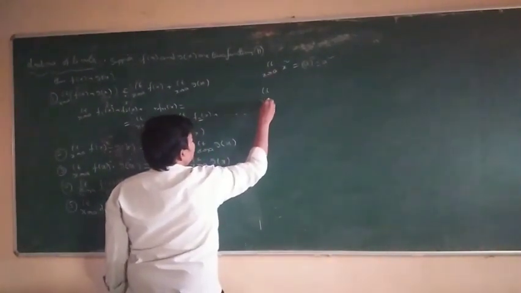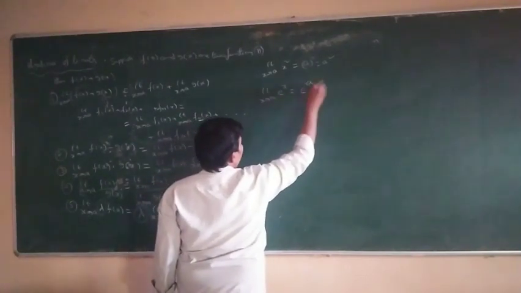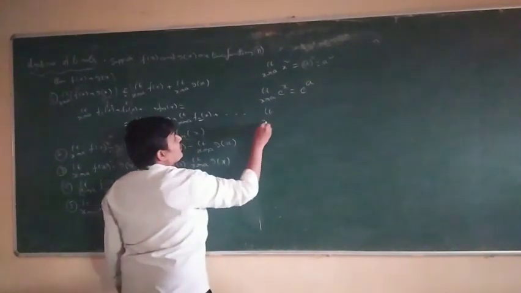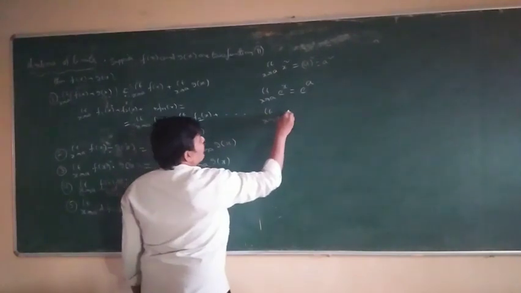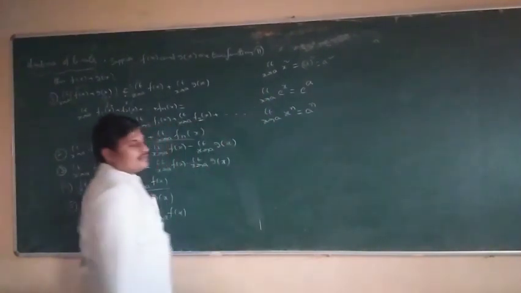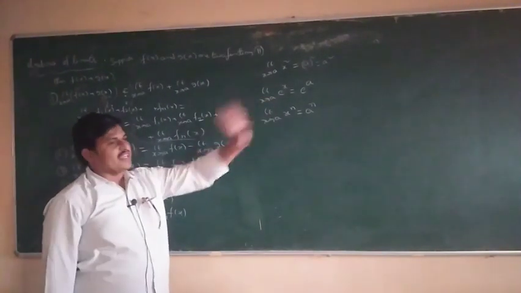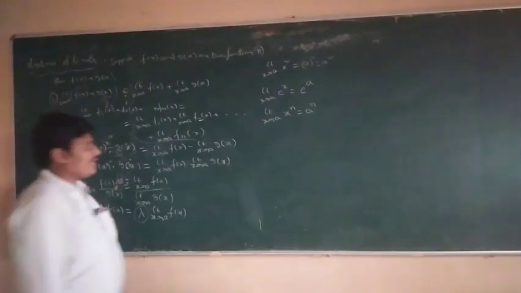Limit x tends to a, e power x is equal to e power a. Limit x tends to a, x power n is equal to a power n. Only substitute a instead of x.